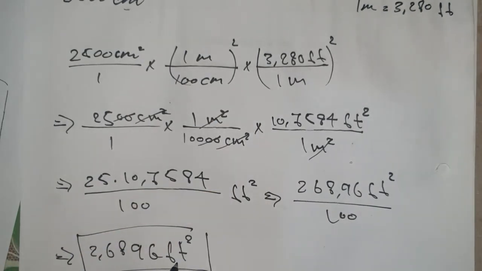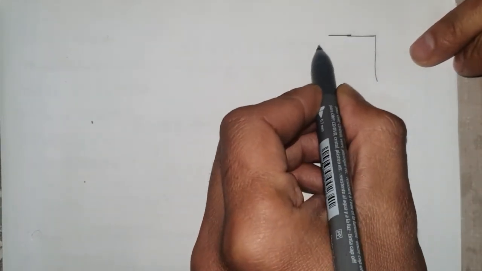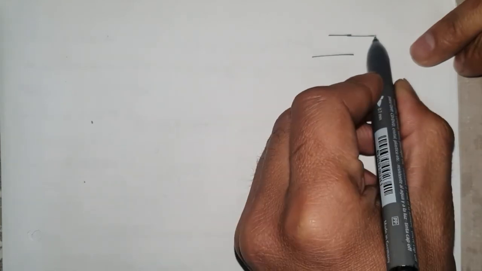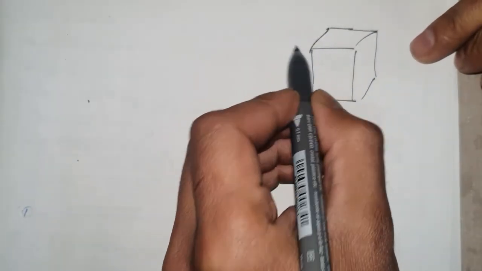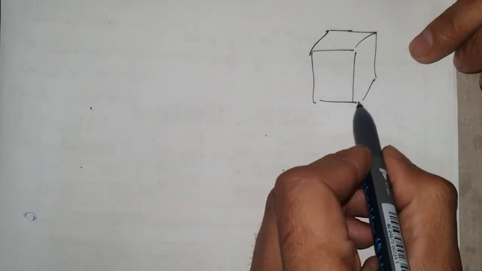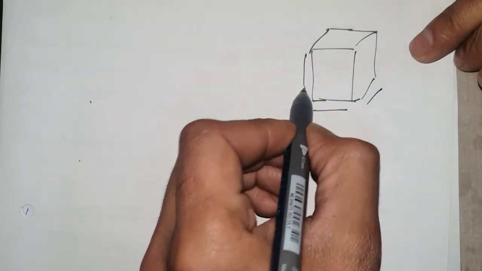And here is another example, for volume. Suppose we have a 3D box. For a 3D object we have length, width and height.